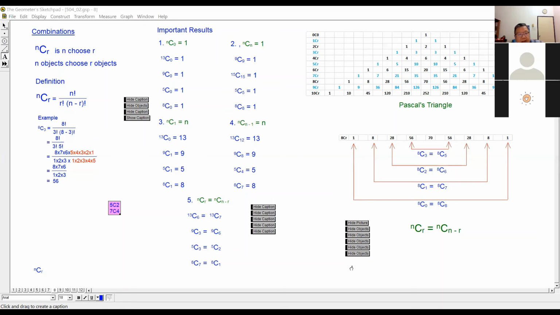Don't use the scientific calculator, you just type. Correct, 10. The next one: 7 choose 4. You start from 7, 7, 6, 5, 4, and so on. See how to calculate?